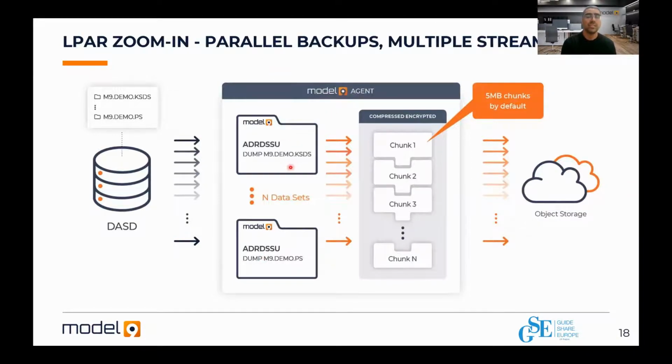Different DFDSS instances are running, and this is our data mover, running inside the address space, pulling data from DASD. Once this data is pulled from DASD, it's chunked up into objects that are sent to the object storage. So there are multiple streams writing to the object storage in parallel, really avoiding those latency issues.